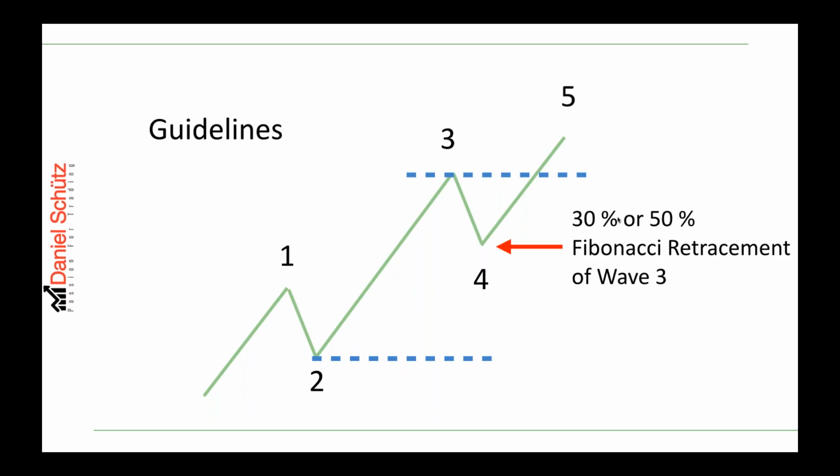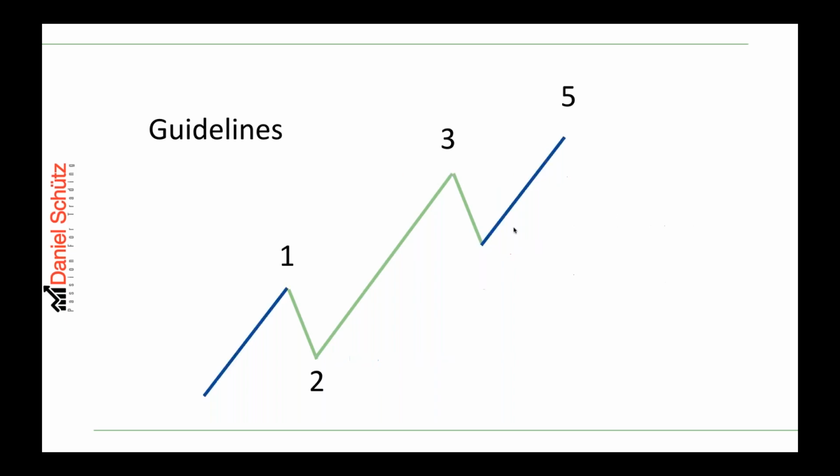So we measure wave 3, from the beginning of wave 3 to the high of wave 3, and we want to see a 38.2% or 50% Fibonacci retracement of wave 3. That's one of the guidelines.